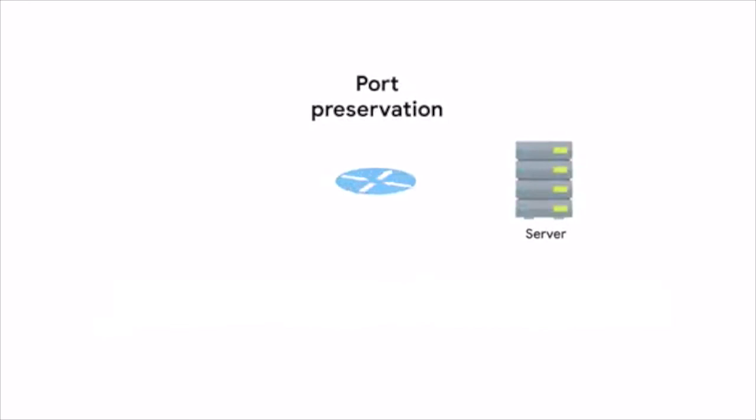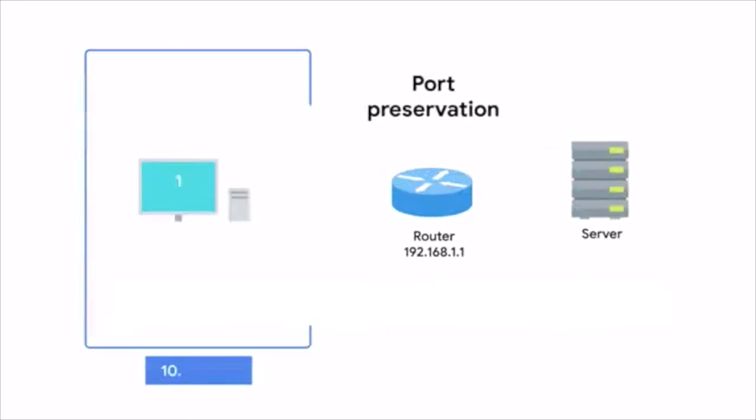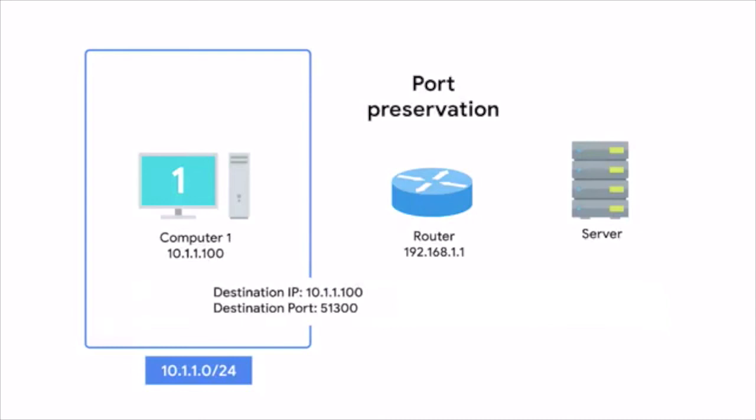Let's imagine a device with an IP of 10.1.1.100. It wants to establish an outbound connection, and the networking stack of the operating system chooses port 51,300 for this connection. Once this outbound connection gets to the router, it performs network address translation and places its own IP in the source address field of the IP datagram.